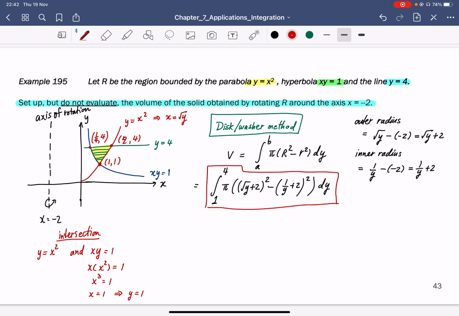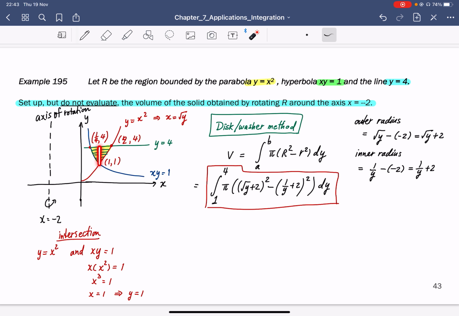You can see that this method, the washer method, is a good method to do for this question, because if you plan to do the shell method, you have to cut parallel to the axis of rotation, and that means you have to do the vertical line, which is going to give you a harder time because you have to split the region into two pieces.